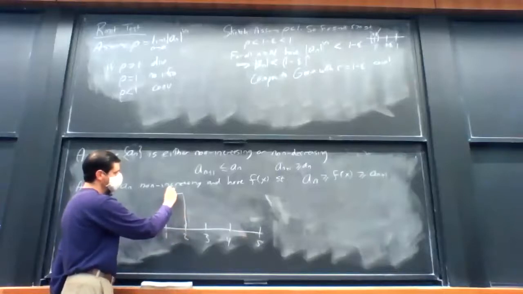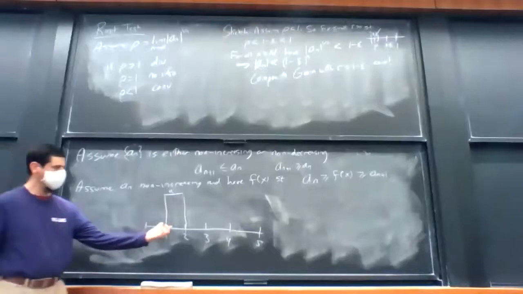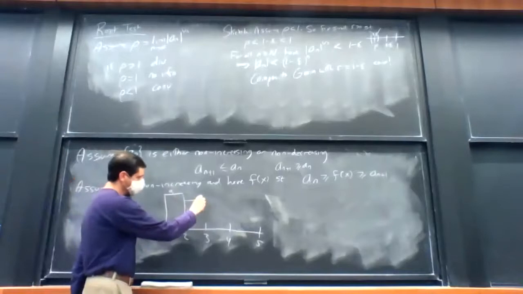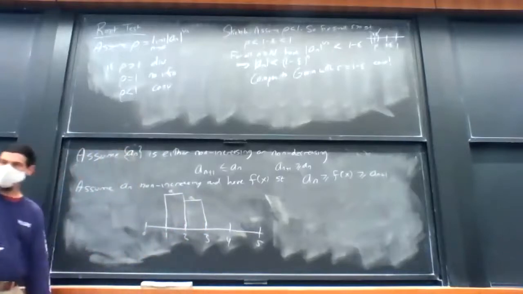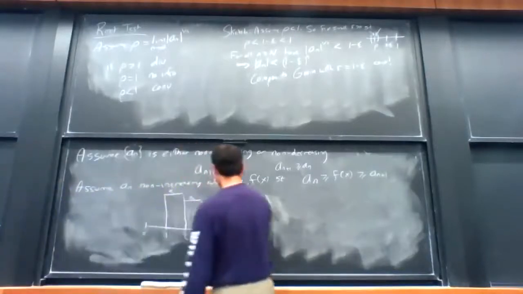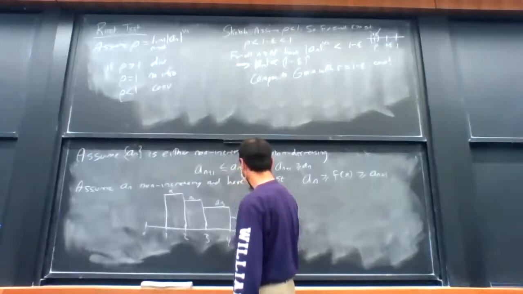Here I have a rectangle of height a_1. The base has length 1, so the area of this rectangle is just a_1. Then over here I have a rectangle of height a_2, so the area of that rectangle is just a_2. And this would be a_3, and this would be a_4.